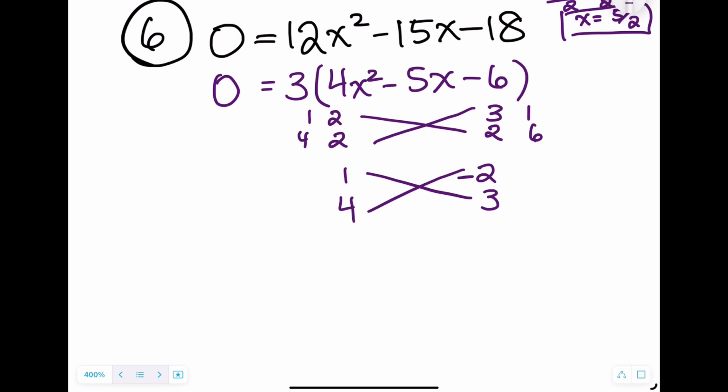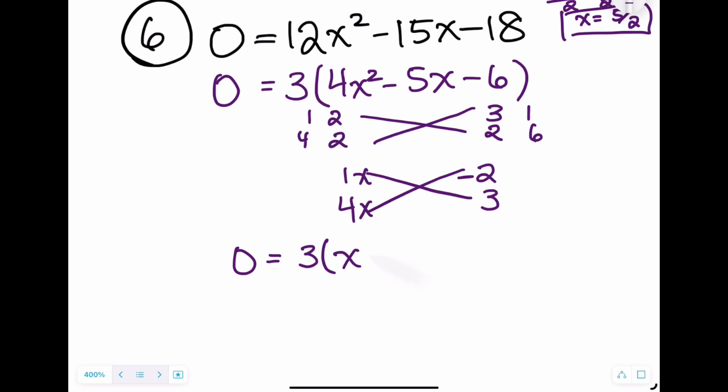And let's just double check at either end if our values multiply correctly, which they should, given that we only chose pairs of factors that work. But we should double check. 1 times 4 is positive 4, great. Negative 2 times positive 3 is negative 6. So now we can write out the factored form by just reading across the screen.